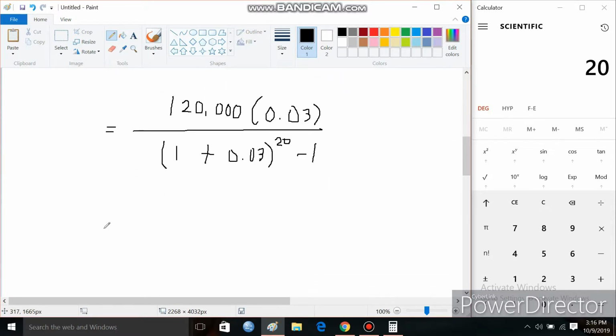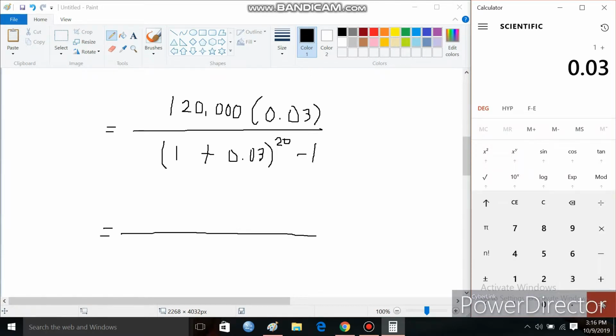Okay, next is to operate these two numbers. So 1 plus 0.03 is 1.03.